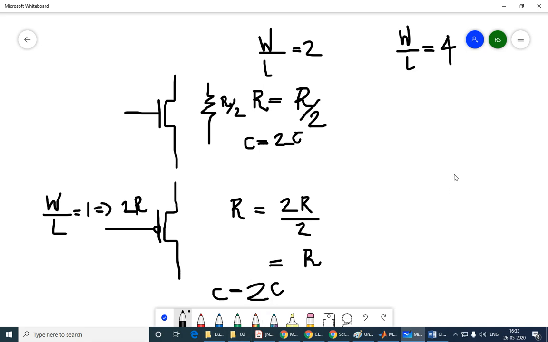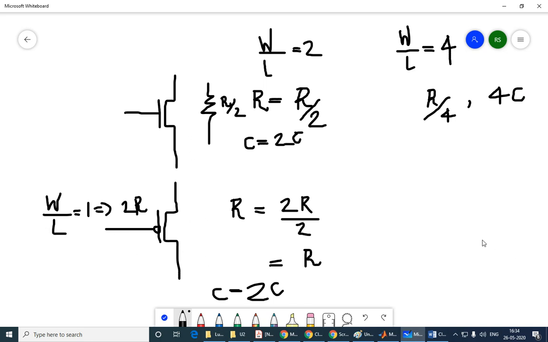That is relatively simple, and you can do this again. If I have a much larger NMOS transistor with W by L equal to 4, this is going to have a resistance of R by 4 and a capacitance of 4C.